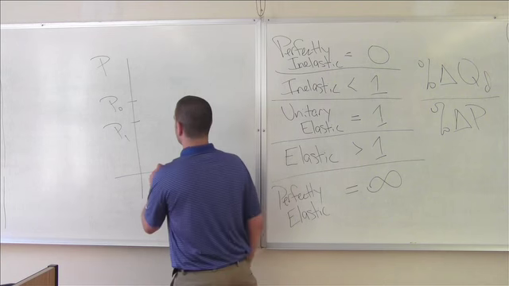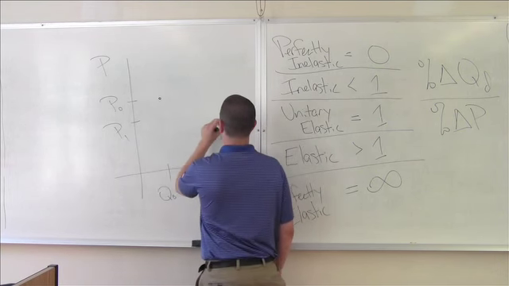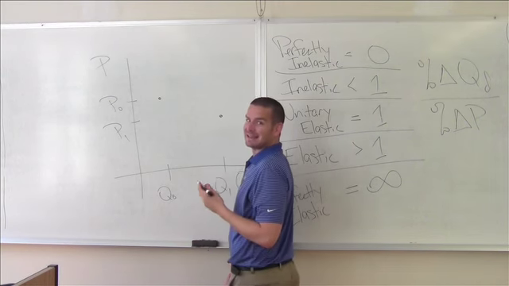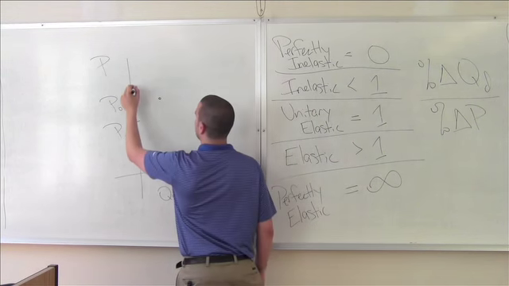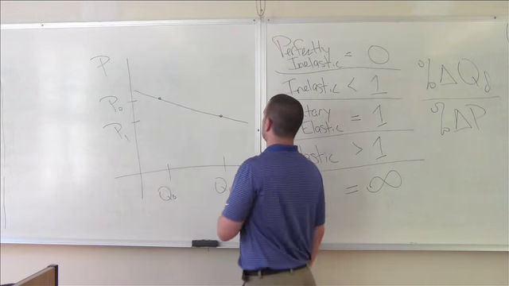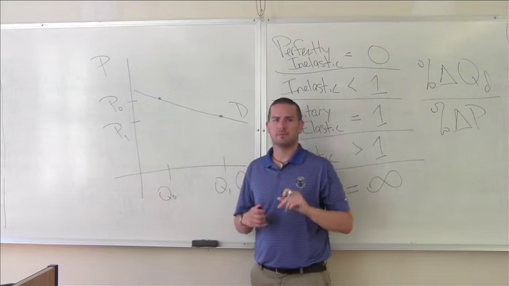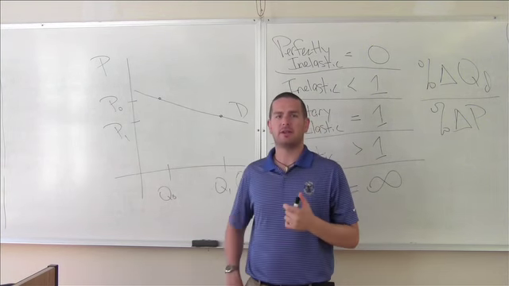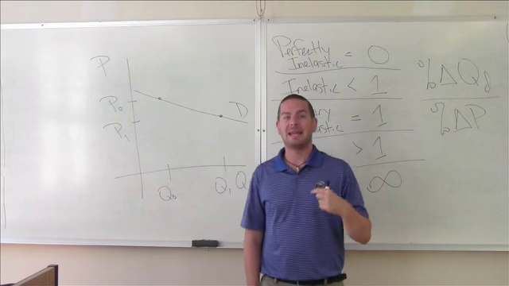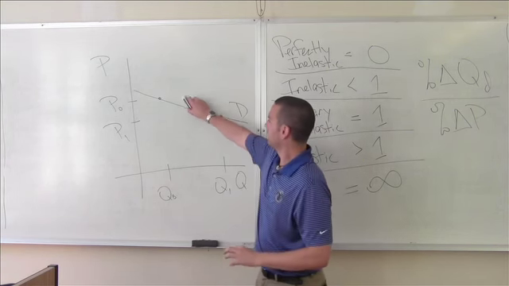So as with inelastic demands, now let's try to graph an elastic demand curve. We connect the dots, and it looks like that. Now let's compare the two situations. An inelastic demand curve was a lot more vertical.